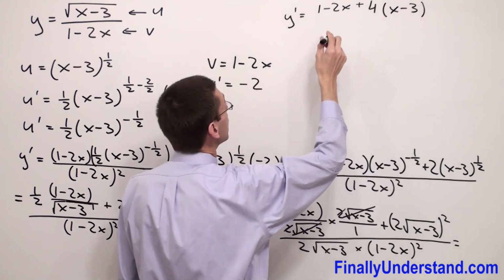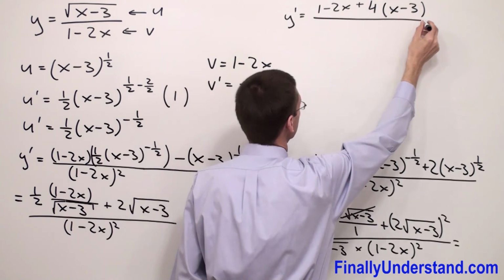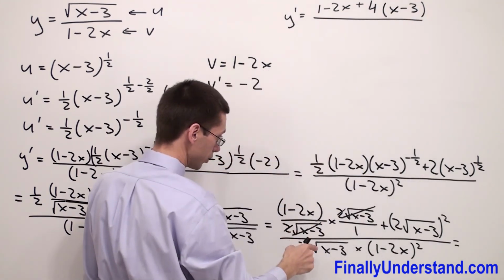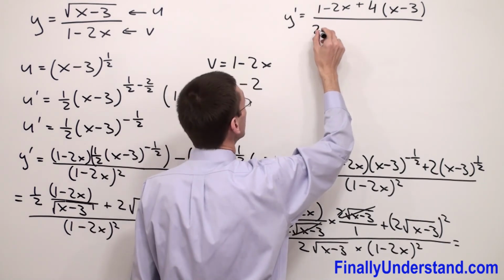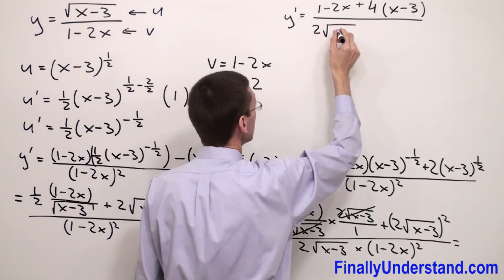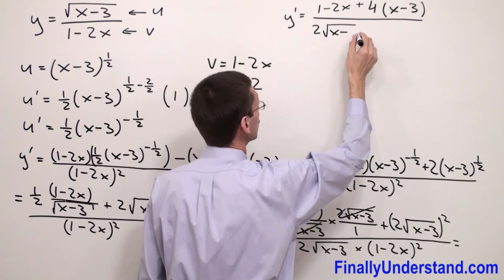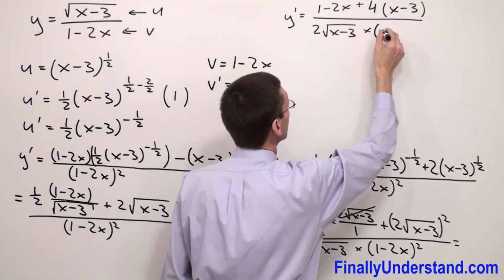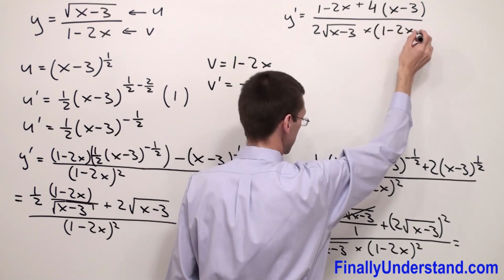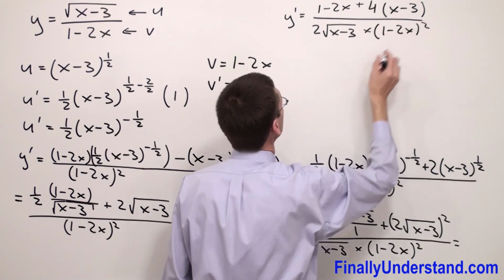Okay? Next, I have the denominator. I cannot do much over here. That's why I'm going to keep it. So this is 2 square root x minus 3 times 1 minus 2x to the second power.